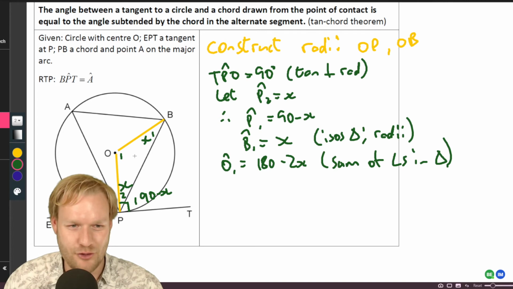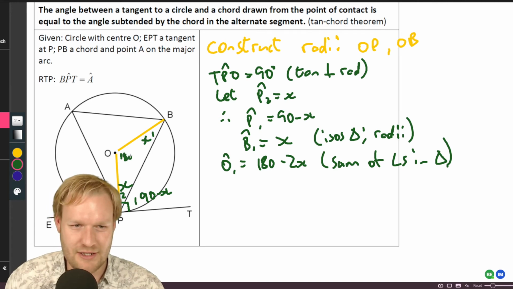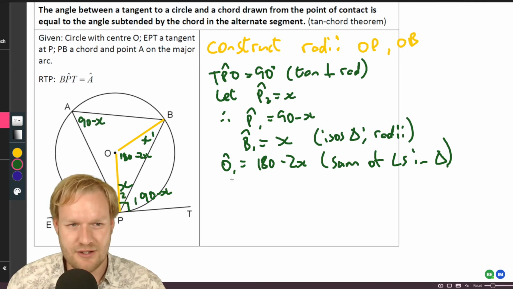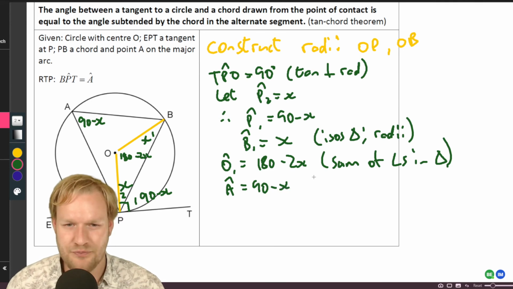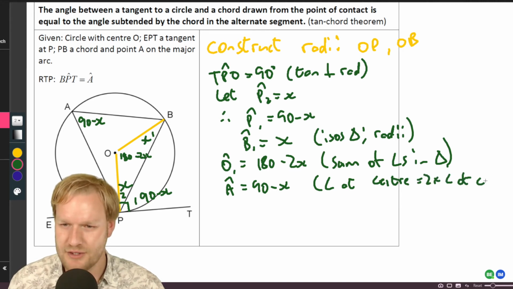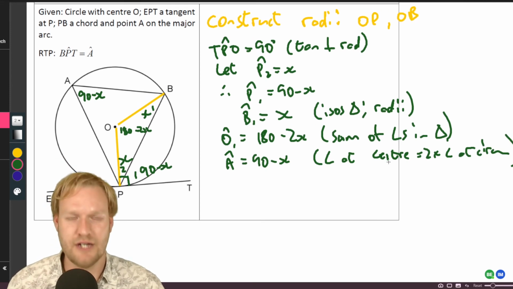And so therefore, if that's 180 minus 2x, then this one over here is 90 minus x. So A equals 90 minus x. Reason, angle at centre is twice that of the angle at the circumference. Okay, so there we go.